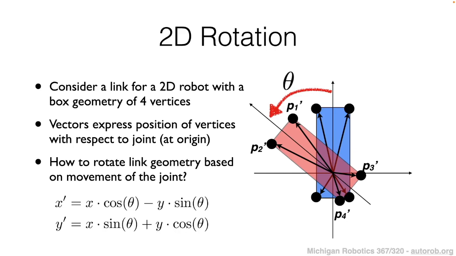The equations are shown on this slide. What we can observe is that this might look familiar from the linear algebra refresher that we had, which is that we have two equations and two variables that are each expressed within the equations to apply this transformation.